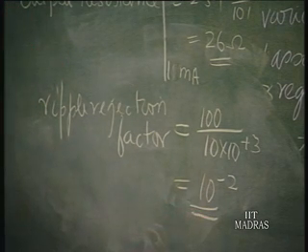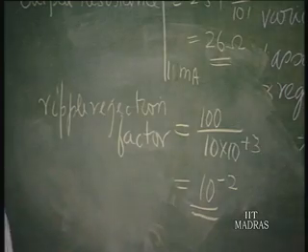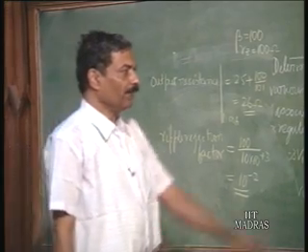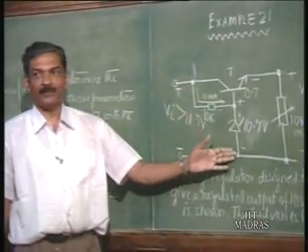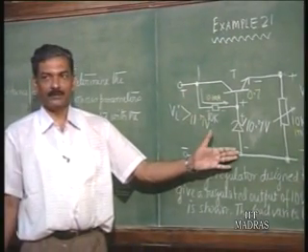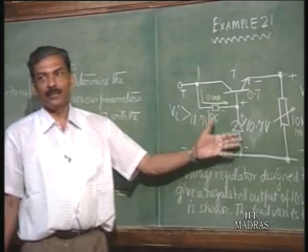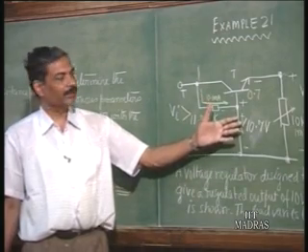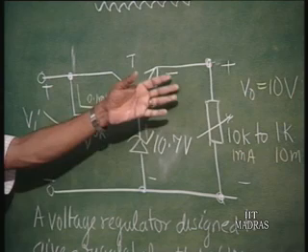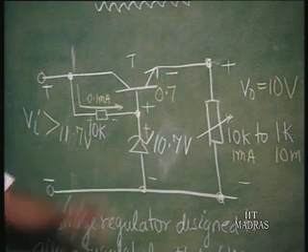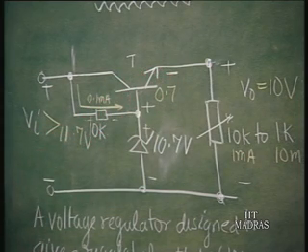That is the ripple rejection factor for this circuit. So, efficiency, ripple rejection factor, output impedance, and temperature coefficient. The temperature coefficient of this voltage is going to be positive, maybe about say 2.5 millivolts or 3 millivolts, plus 2 or 2.5 millivolts here. So, about 5 millivolts per degree centigrade rise in temperature. That is the temperature coefficient.